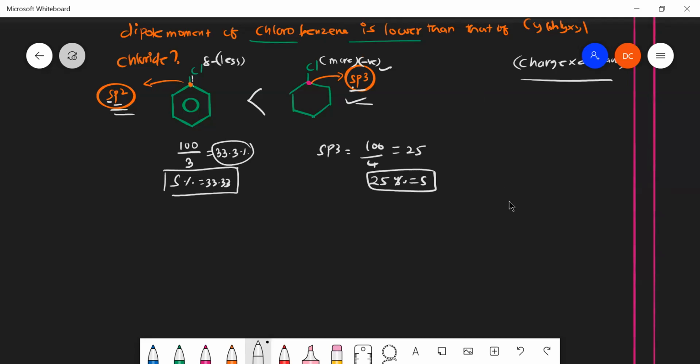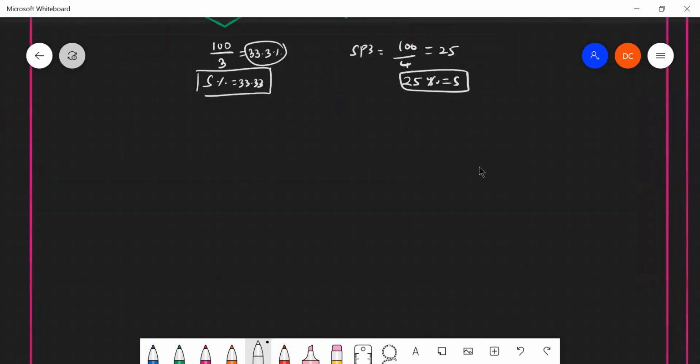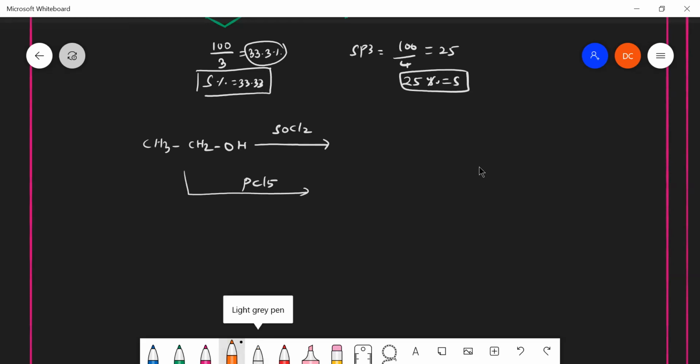This kind of question will also come. Another thing: CH3, CH2, OH, I have taken an alcohol. Here I can use SOCl2. The same alcohol I can use with PCl5 also. What kind of product can I get when it reacts with SOCl2?